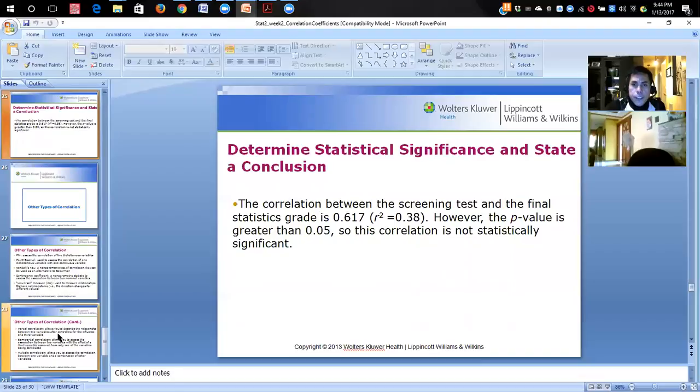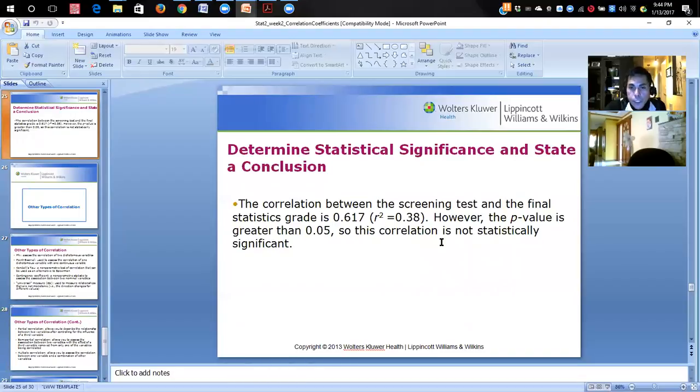Again, we reject the null hypothesis that there is no correlation, and we conclude that there is correlation or relationship.